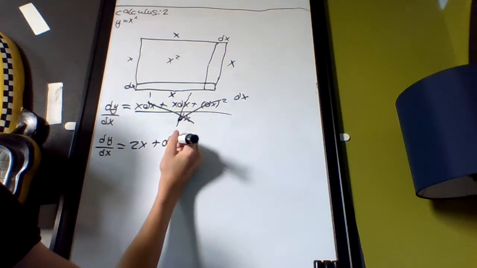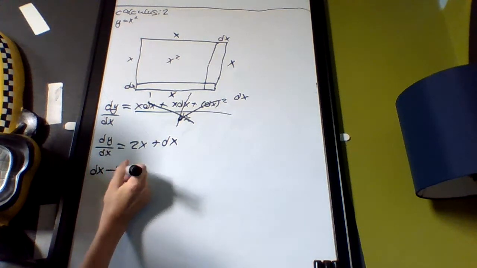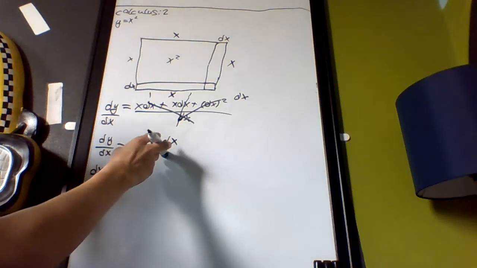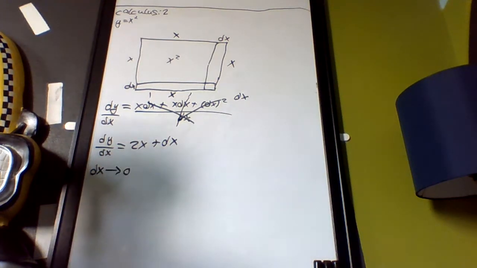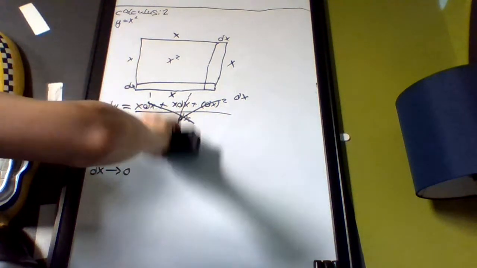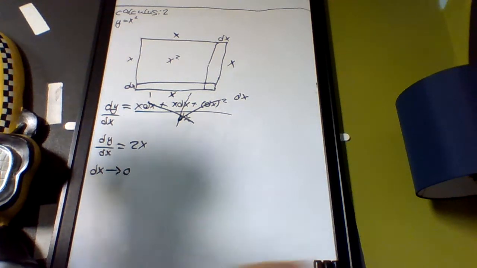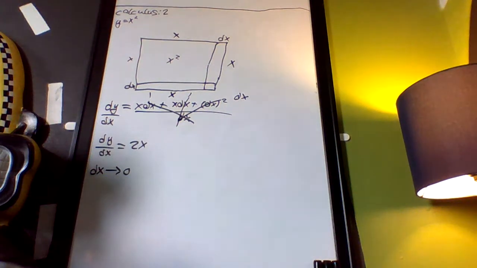Then on that, we're adding dx, but dx is going to 0. And when we're adding that on, it basically does nothing. So we can just ignore it.